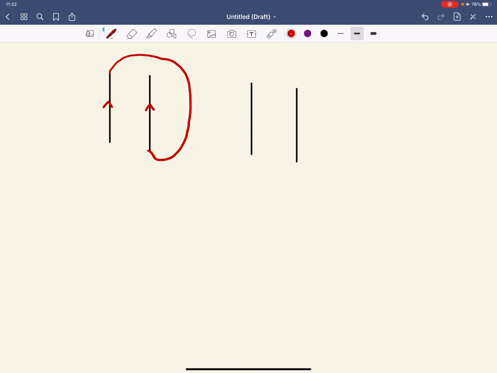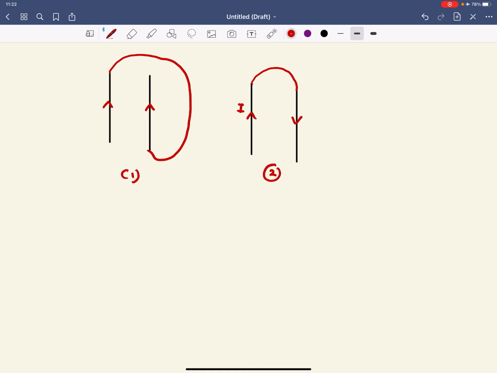In the second example, the currents are flowing in opposite directions, whereas in the first case they are flowing in the same direction.